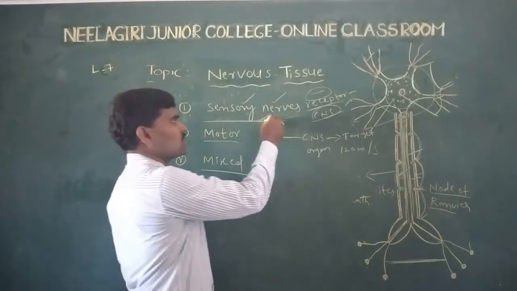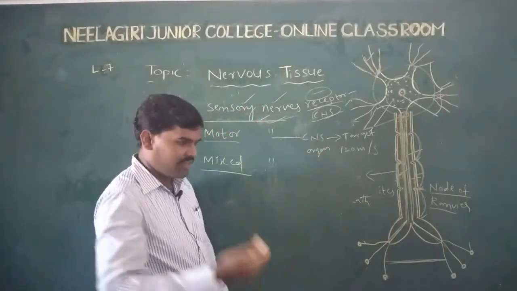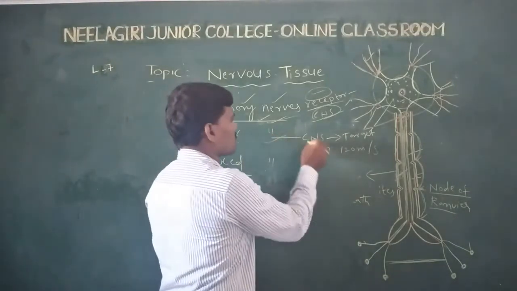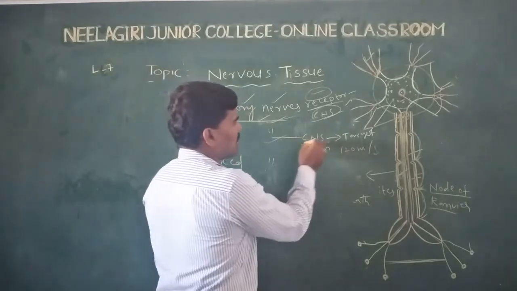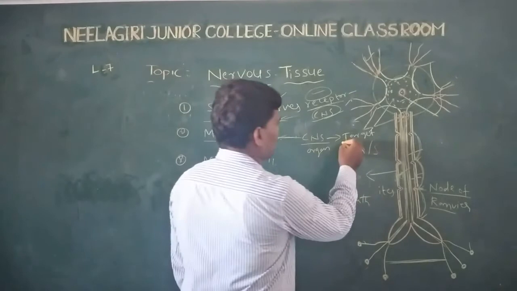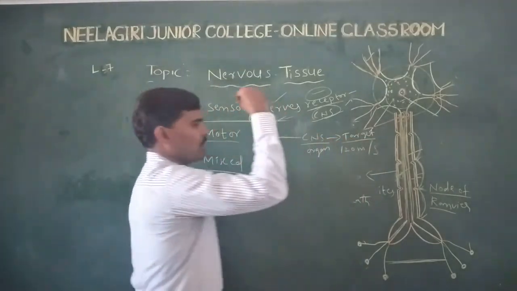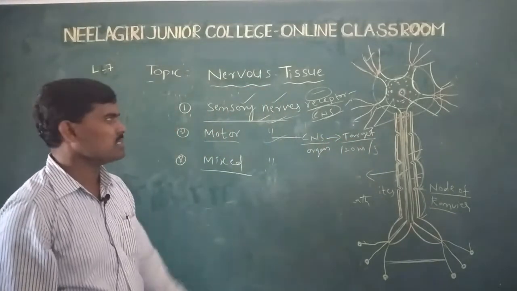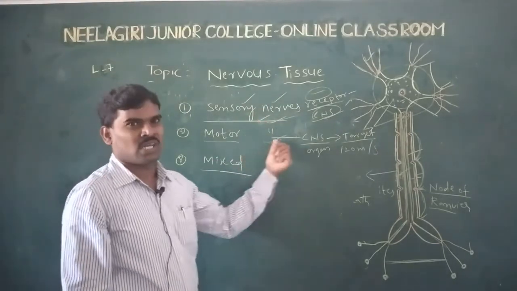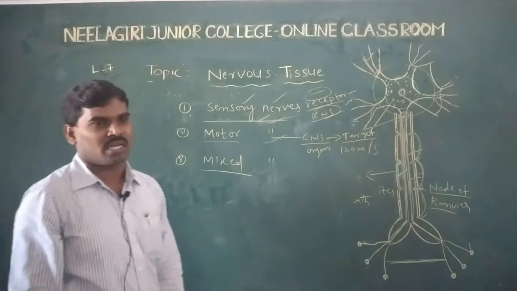Sensory nerves receive the impulse from receptors to the CNS, while motor nerves send it from the CNS to the target organs.